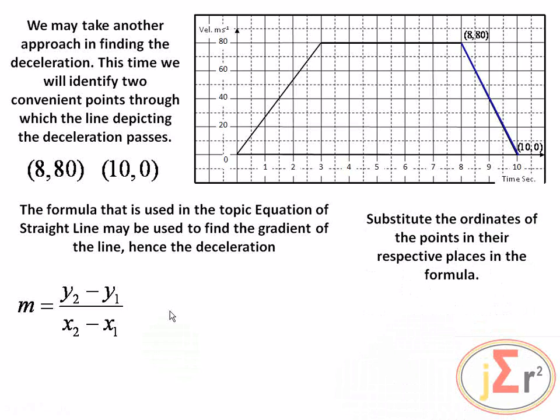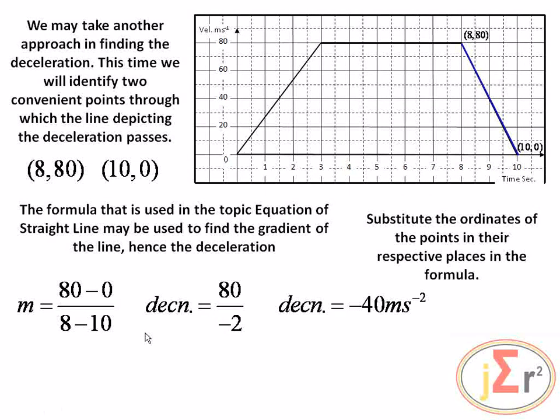Substituting the ordinates of the points in their respective places, this is going to be the result. And 80 minus 0 is 80, 8 minus 10 is negative 2, so we have 80 divided by negative 2, and the result is negative 40 meters per second squared.